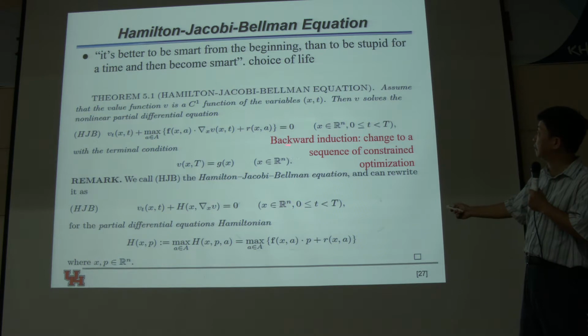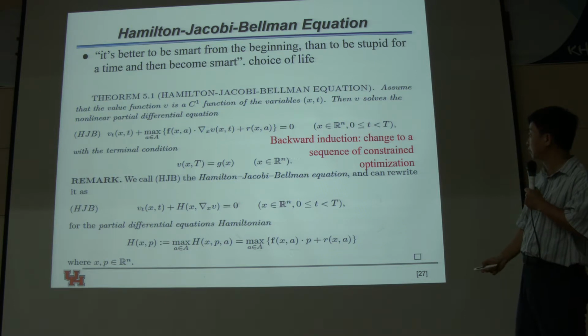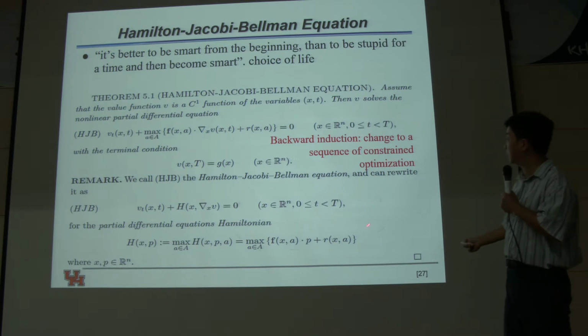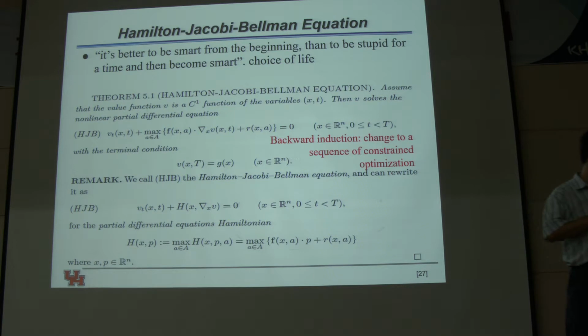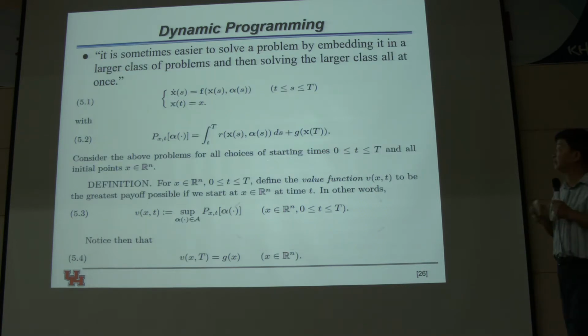And then this condition will make my optimal control for that time. So basically here, this is a Hamilton-Jacobi-Bellman equation. So basically here, what they want to say is that, I think in this way.